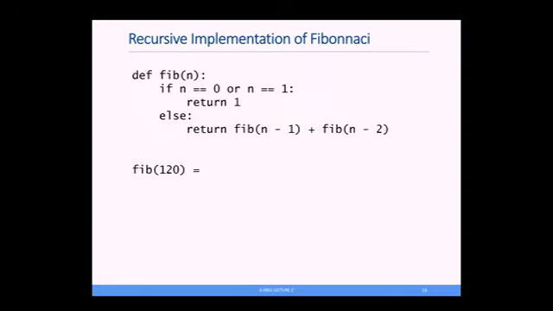Otherwise, fib of n minus 1 plus fib of n minus 2. And as I think you saw when you first saw it, it takes a long time to run. Fib of 120, for example, is a very big number. It's shocking how quickly Fibonacci grows.